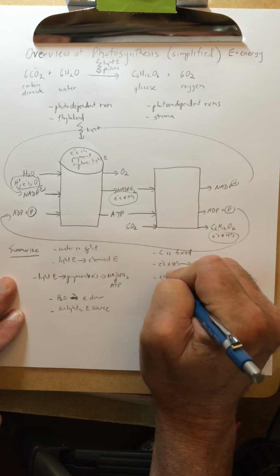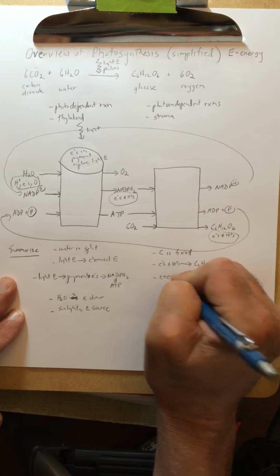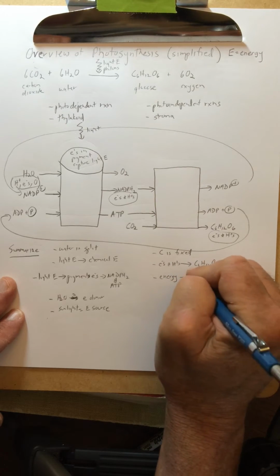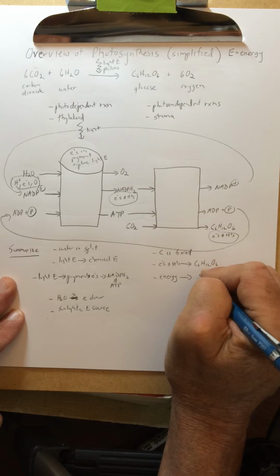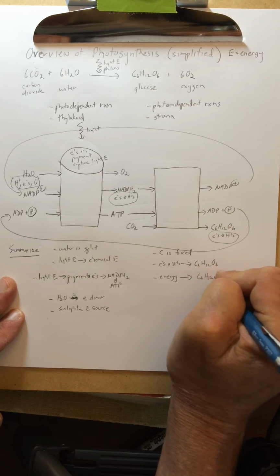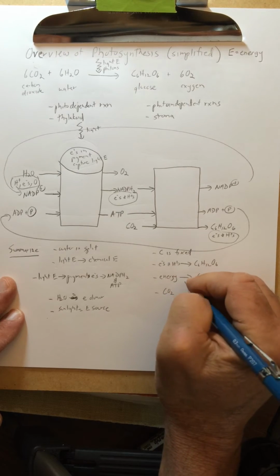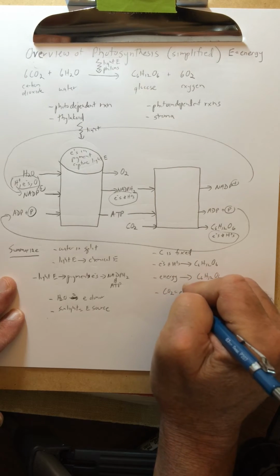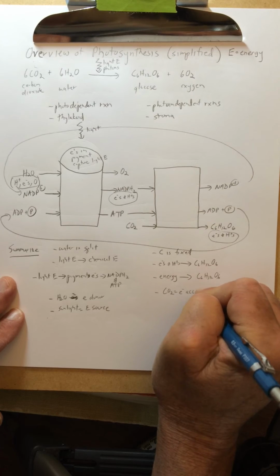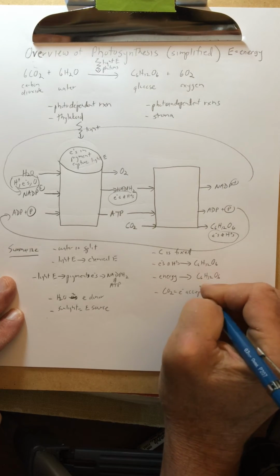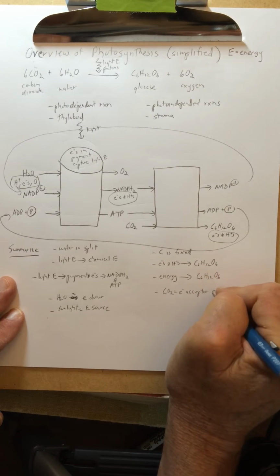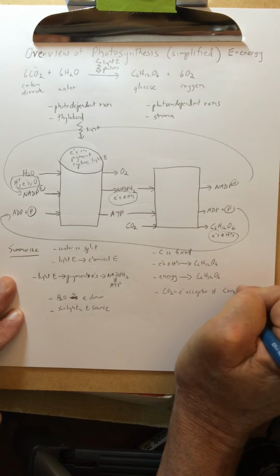The energy ultimately ends up with C6H12O6, and CO2 is the electron acceptor, and it's also the carbon source for this organism.